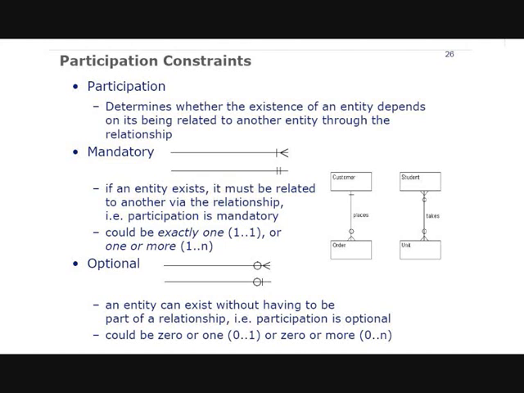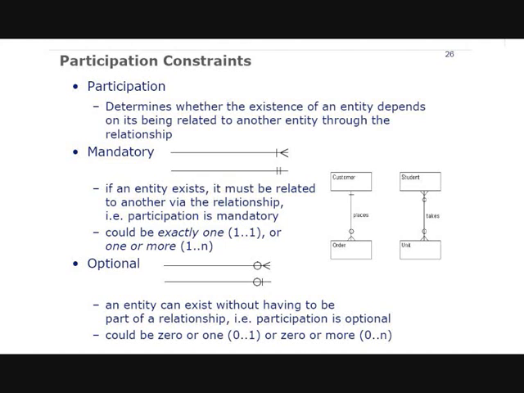So if I have a mandatory relationship, to express that it is mandatory, I will say it is mandatory at the many end or mandatory at the one end. For example, if I have a customer and an order, here I'm saying the customer end is mandatory, the order end is optional.